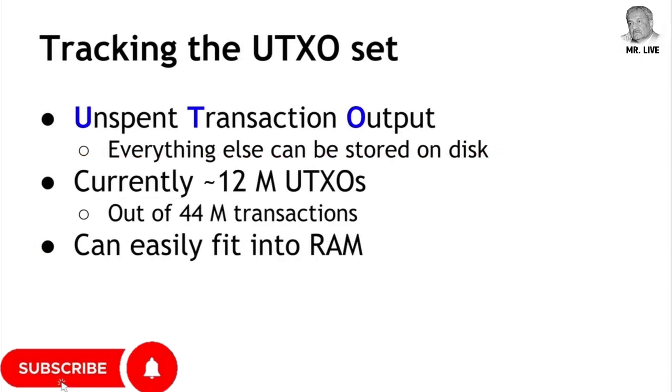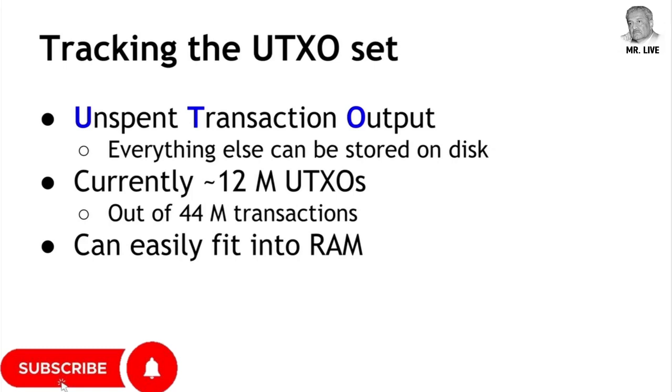Fully validating nodes maintain the entire set of unspent transaction outputs. So every coin that's available to be spent, and remember, those are just unspent transaction outputs. Ideally you'd like to store this in RAM, so that when you hear a new proposed transaction on the network, you can quickly check the transaction that it's attempting to claim, run the script, and see if the signature is valid.